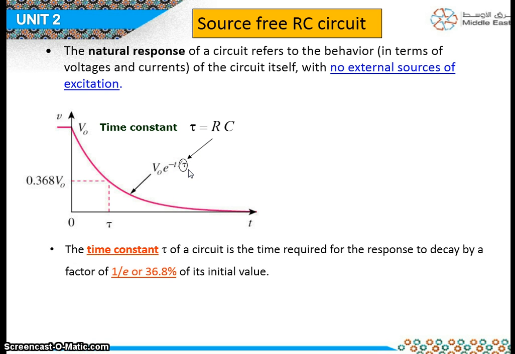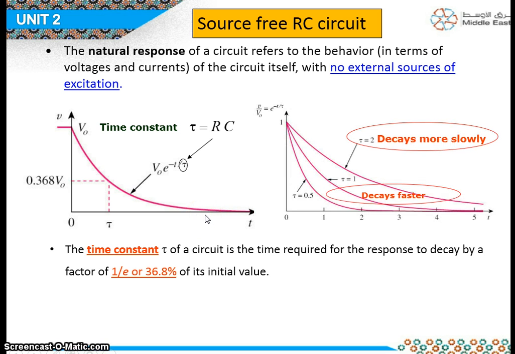It is responsible for the shape of the curve, how steep the exponential curve is. As you can see here, as the value of tau increases, the curve decays more slowly. That is, as the value of tau is more, the capacitor takes more time to discharge and become 0.